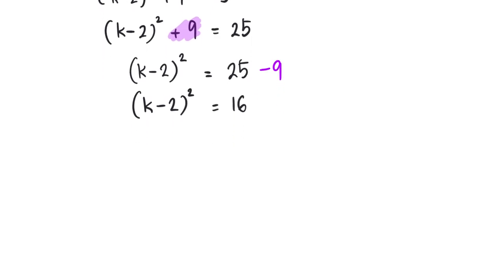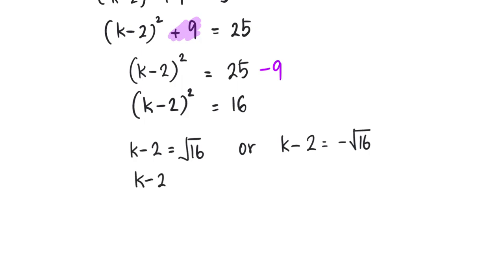And so, my k minus 2, if I do not want the square, I square root. And when we do that, there's either a positive or a negative square root. And in this case here, square root 16 is actually equals to 4.